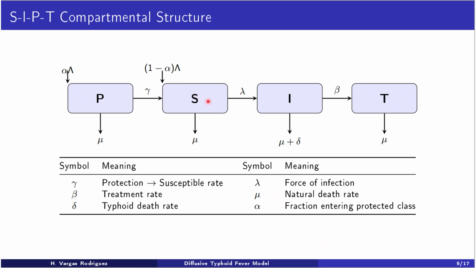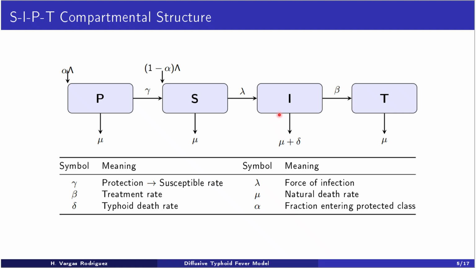Protected individuals can lose their protection and become susceptible at the rate gamma. Then susceptible individuals become infected through the force of infection lambda, which depends on the contact rate, the probability of transmission, and the effectiveness of protection.